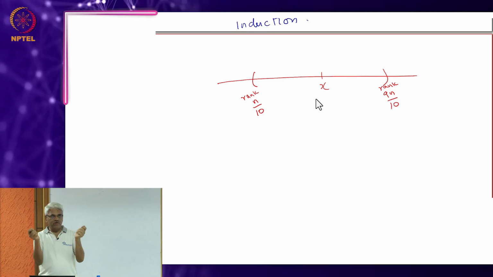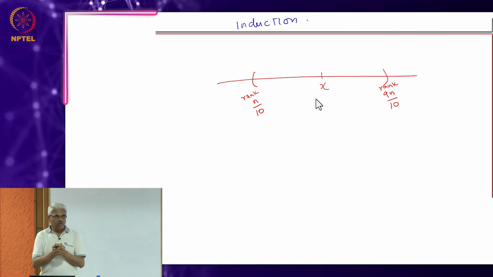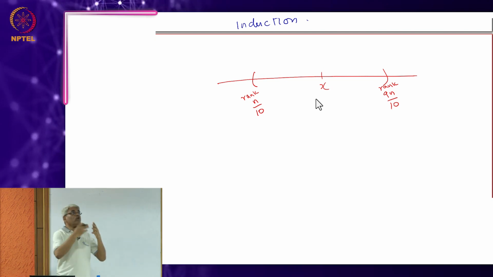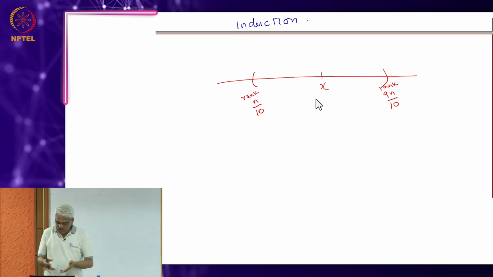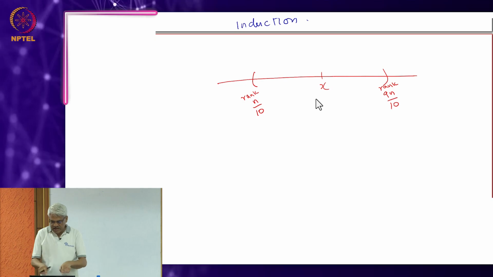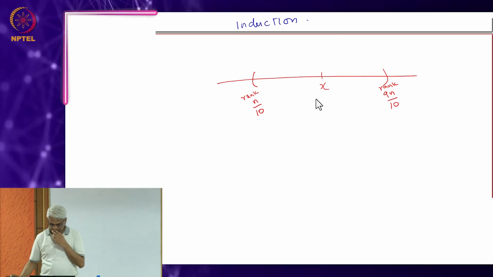The element I pick uniformly at random, what do I know? I know that its rank can be anything between 1 and n uniformly at random. So, what is the probability that its rank is in the range n by 10 to 9n by 10?